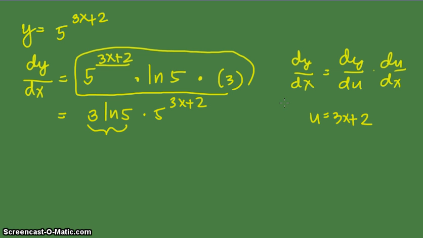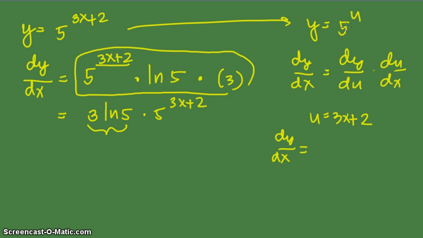Okay, for those who are curious about how we can get this directly, I'll show you one more time how to apply this formula. So dy dx would be dy with respect to u. When you replace 3x plus 2 by u, the y will become 5 to the u.